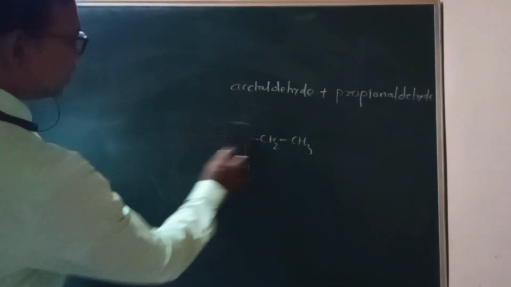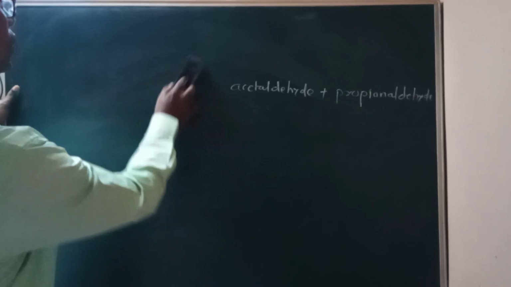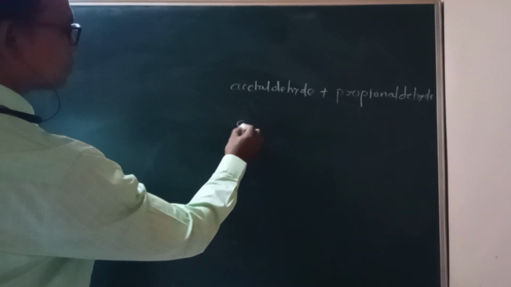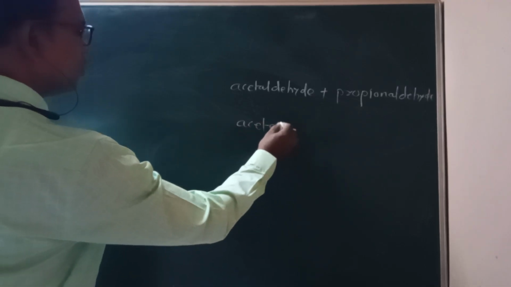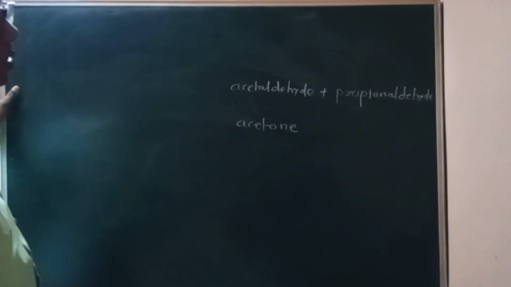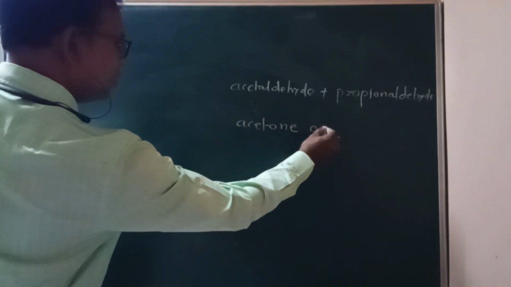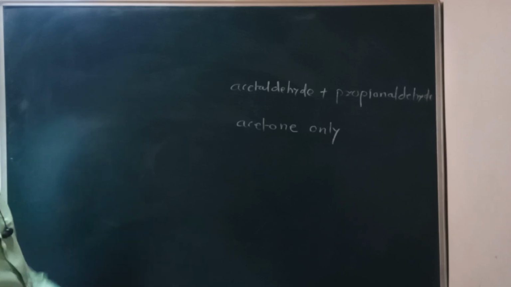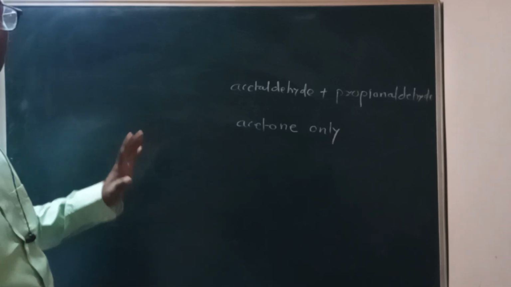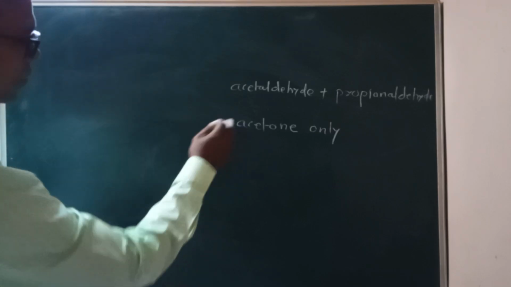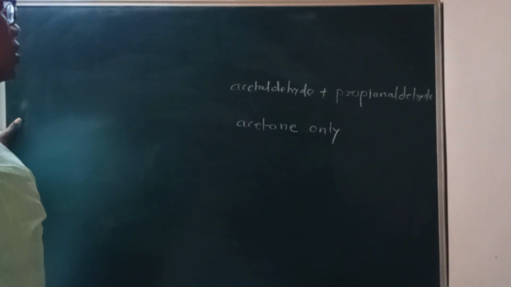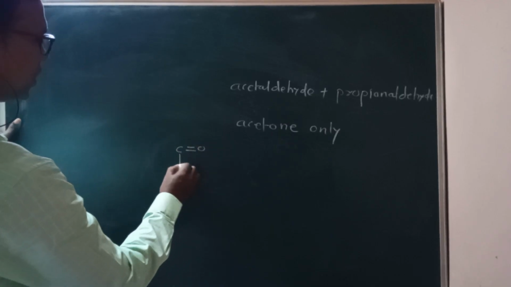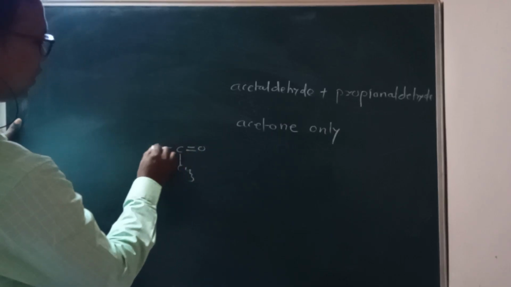Then one more point: an alkene on ozonolysis gives acetone only. So which among the following alkenes on ozonolysis gives acetone only? Only means what? Only acetone after the ozonolysis reaction, so it clearly indicates that the alkene is a symmetrical alkene, right? The structure of the acetone molecule is C double bond O and then CH3 and then CH3.